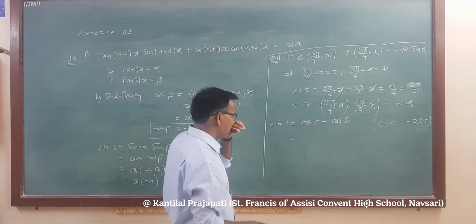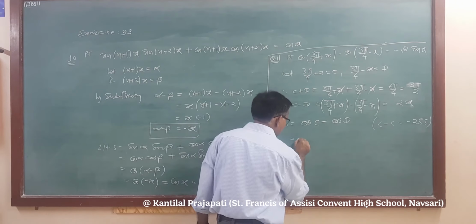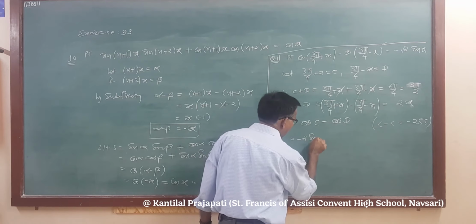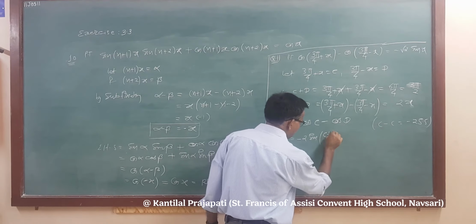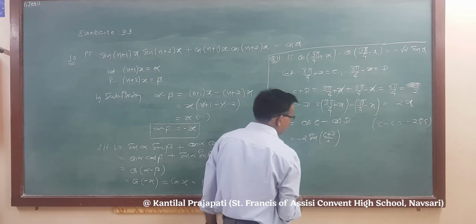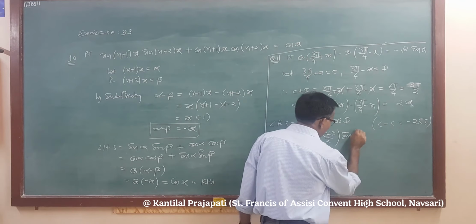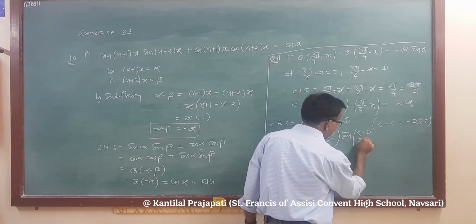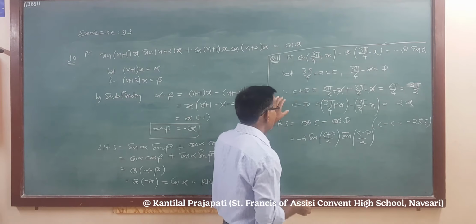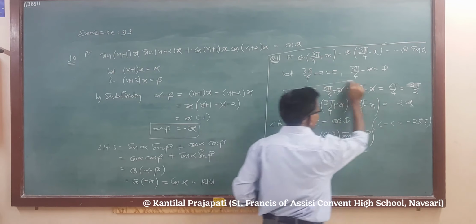Remember this. So cos c minus cos d is minus 2 sin (c plus d) by 2 into sin (c minus d) by 2. We have already found the values of c minus d and c plus d.